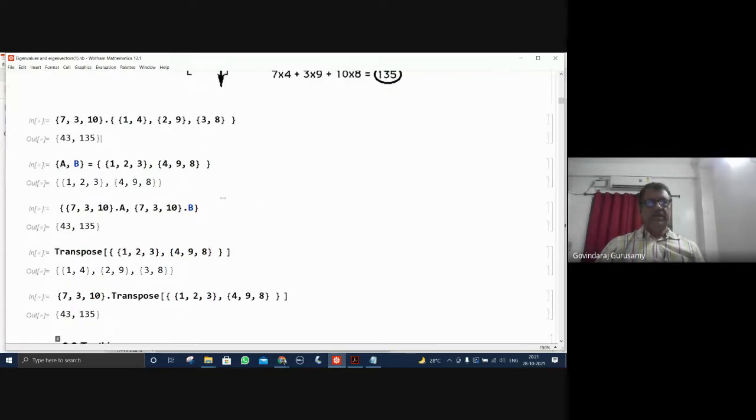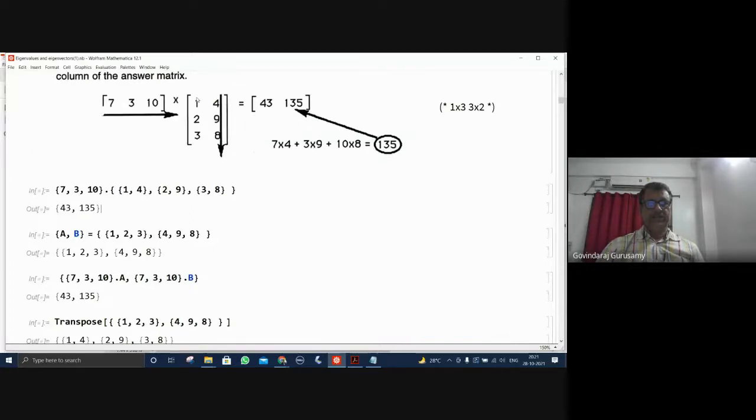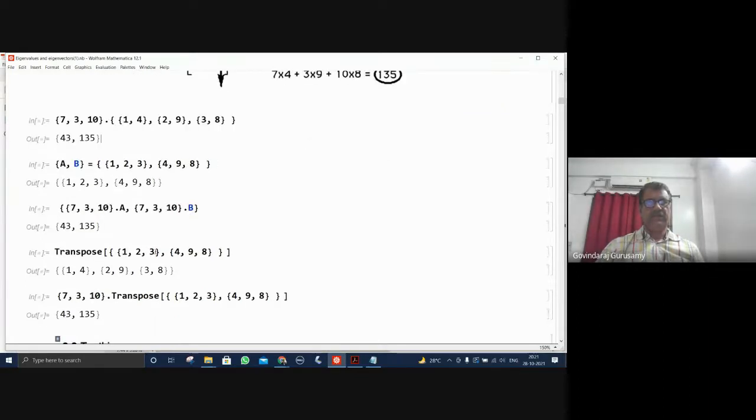Okay, you can write A and B separately. This is A as a column, B as a column. If you do that, you carefully multiply: take this, A dot A here with this one, and then with this, then you will get 43, 135.